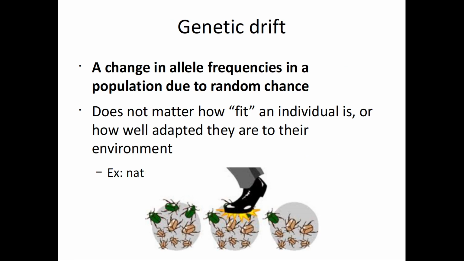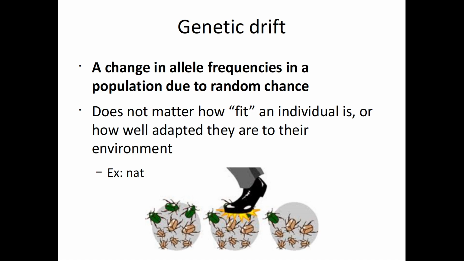Genetic drift. This is a change in allele frequency due to random chance. So it could be that a particular individual is removed out of the population not because they were fit, not because they were unfit, just because a rock fell off a mountain and squashed one of them, or a human came around. For example, a gnat.